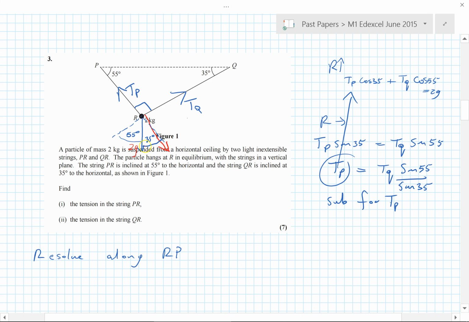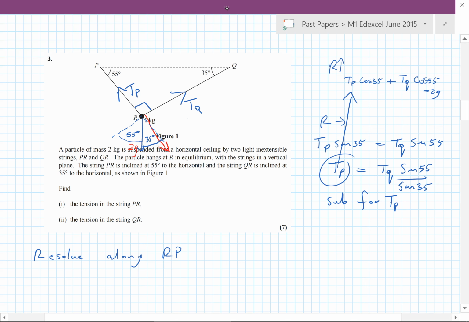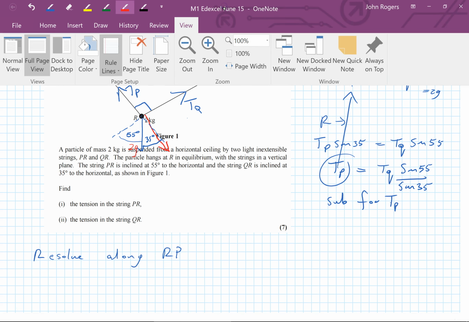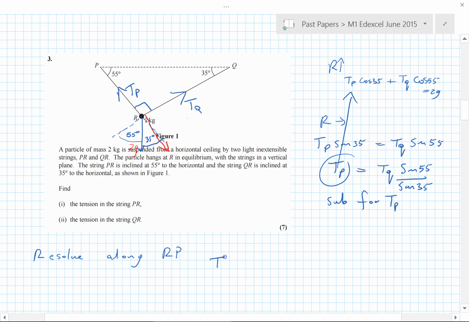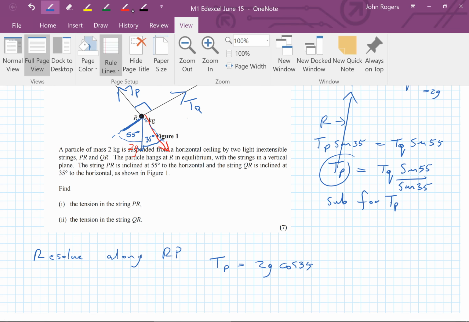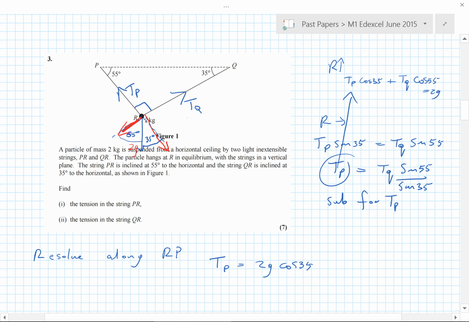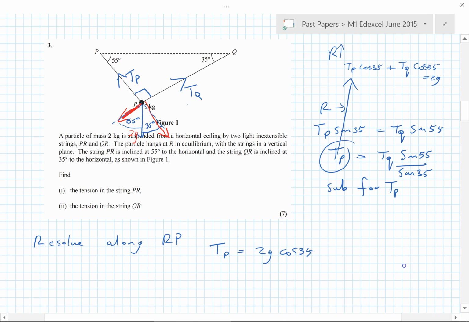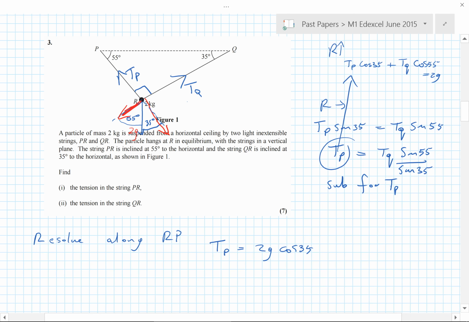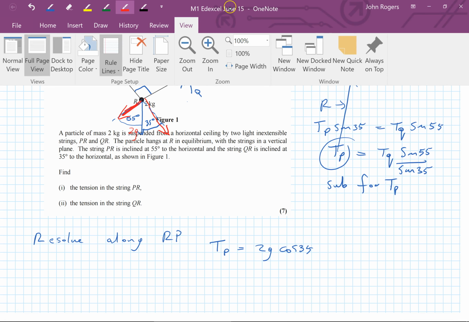Because it's next to the marked angle, 35, I can just say that TP is equal to 2g cos 35. The other component doesn't come into it because it's perpendicular to it. And that will give me the answer 16 newtons.